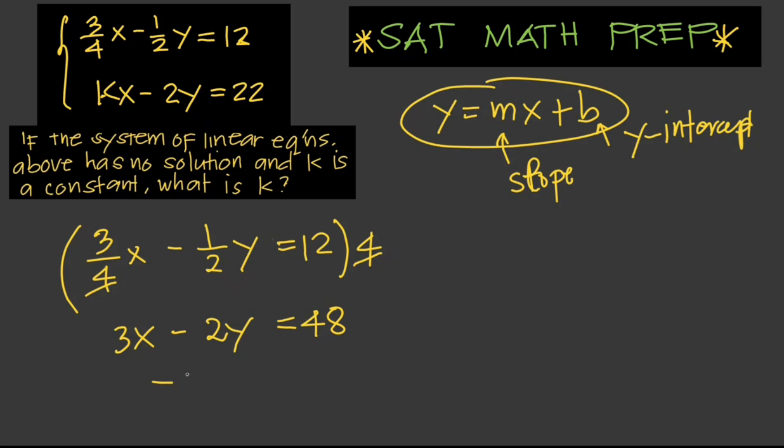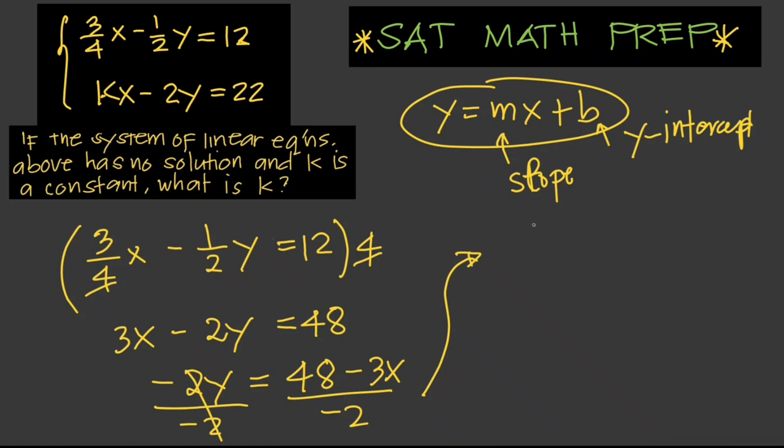And then we can write this in slope-intercept form. We move 3x to the right, and it becomes negative 3x. Then we divide both sides by negative 2. This cancels out.